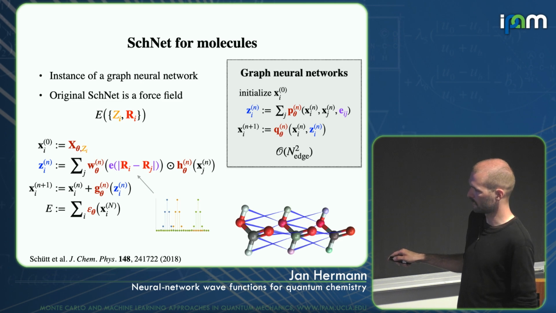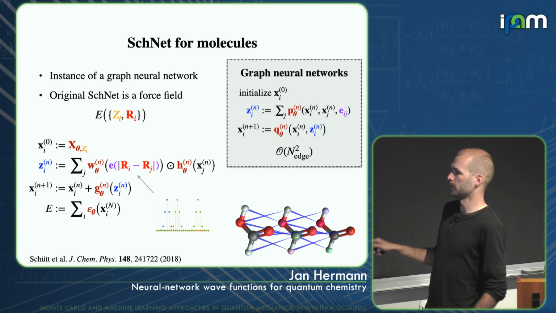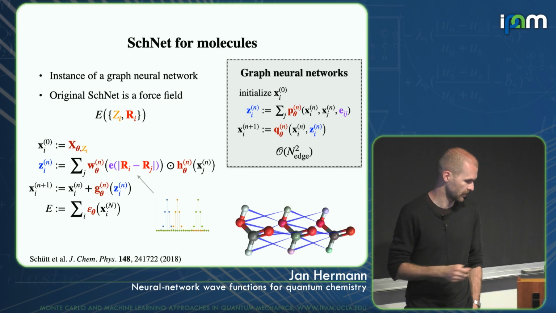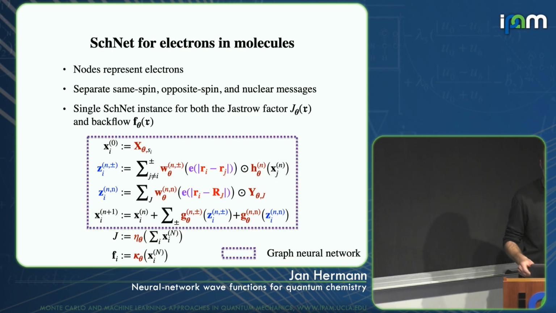These red things, they're just small trainable neural networks or just a random vector that is trainable. Then you just update, and you sum the energies at the end. And so this is something that was working very well for doing force fields, and so we just took that and adapted it slightly for electrons.